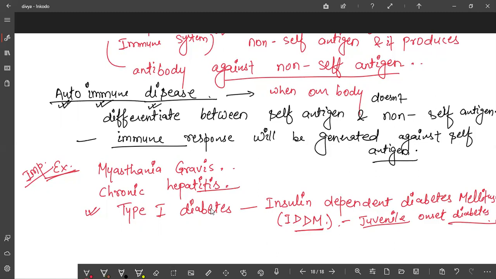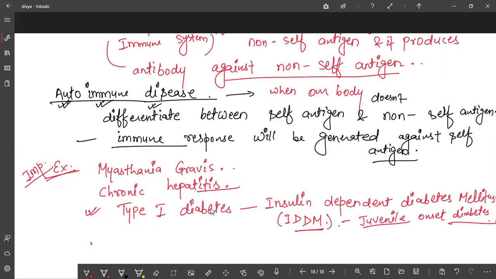So when the insulin receptor is not working, it will not receive the insulin. This is called non-insulin dependent diabetes mellitus, and it is also called type 2 diabetes mellitus. Type 2 diabetes mellitus is not an autoimmune disease, but type 1 diabetes mellitus is an autoimmune disease. Is it clear to you?